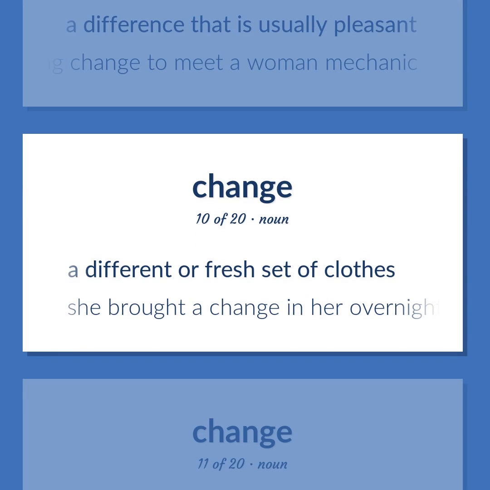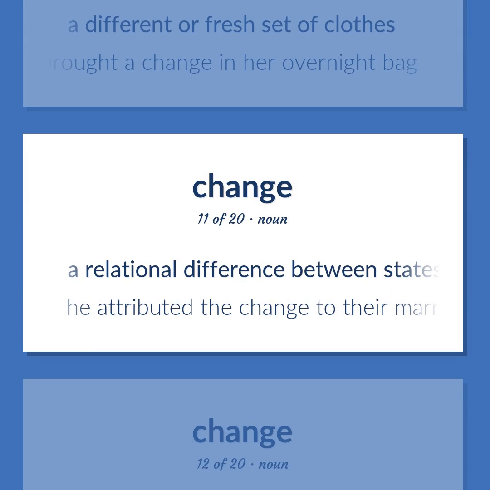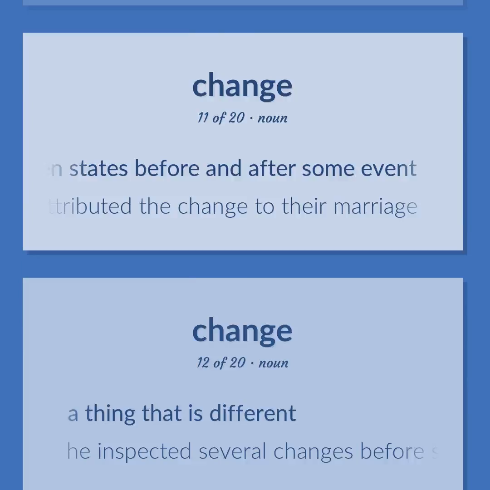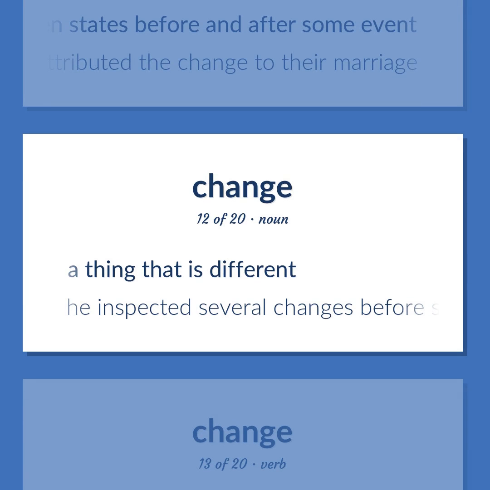A different or fresh set of clothes. She brought a change in her overnight bag. A relational difference between states, especially between states before and after some event. He attributed the change to their marriage. A thing that is different. He inspected several changes before selecting one.